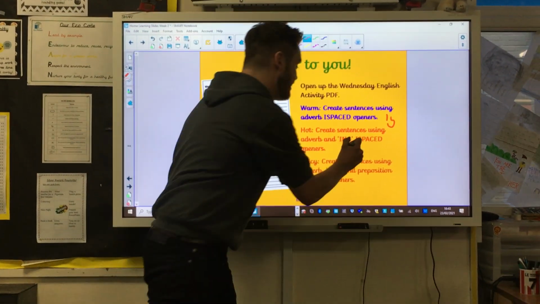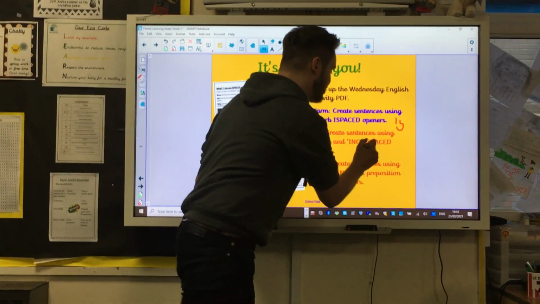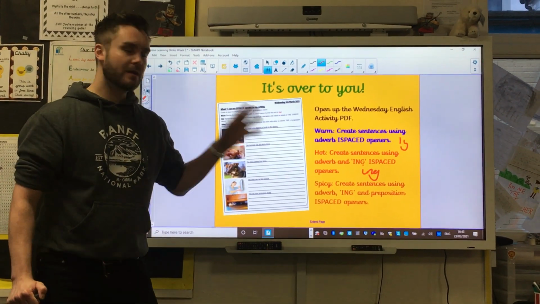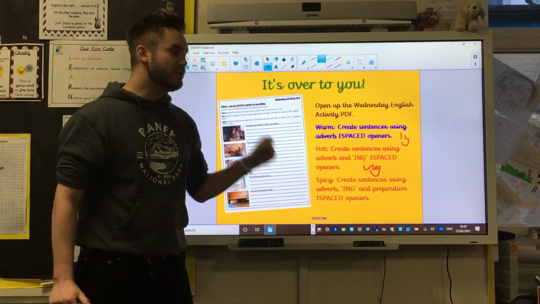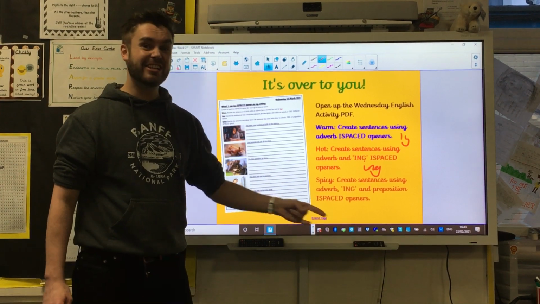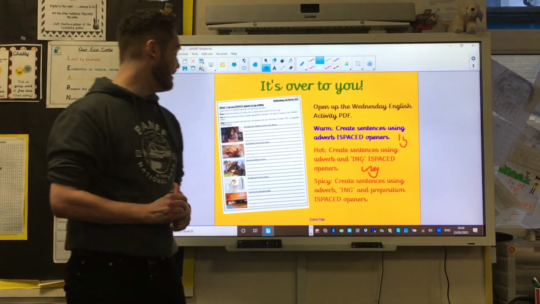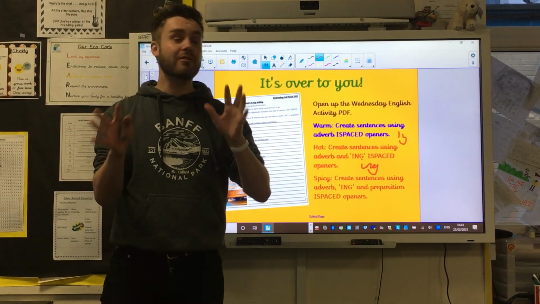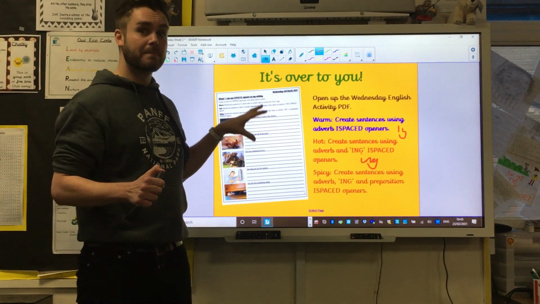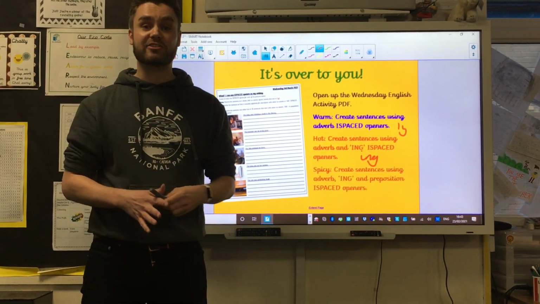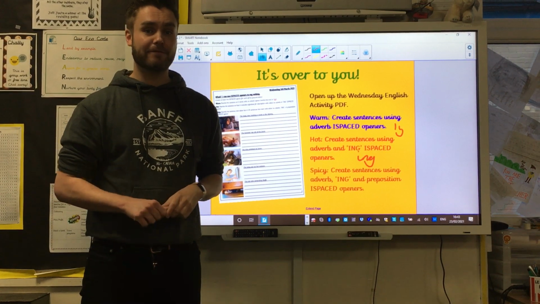So words that end in ing. Spicy level, take it one step further, you're going to use adverb, ing and preposition I-space openers. You do not need to use all three for one picture, but try and get a mixture in there. That's your task today, Year 4.